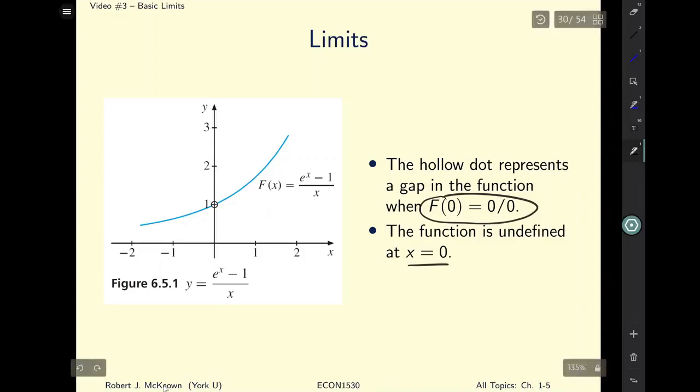And I'll just point out, notice here that we've got a hollow circle, a hollow dot. And similar to when we were looking at set theory earlier in the course, when we've got a hollow dot, that means it's not included in our domain or our range.